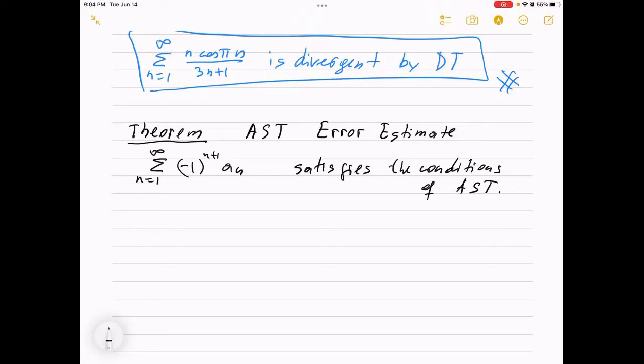So what do we do now? We have a convergent series, and we want to approximate it. So we take the kth partial sum and we say, well, that kth partial sum is approximately our infinite series.